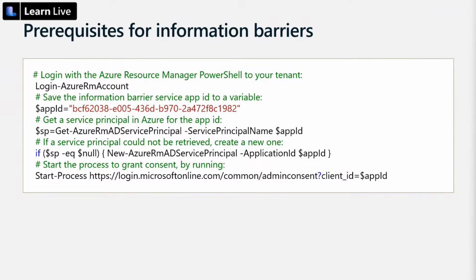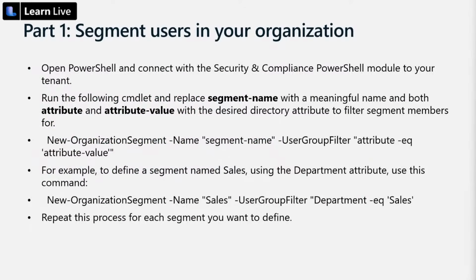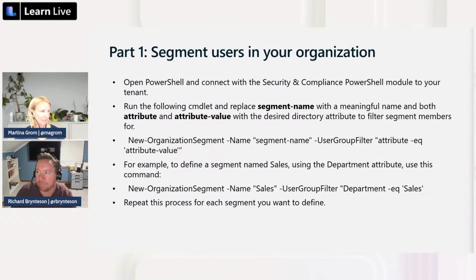And this is also one of the reasons I still like the configuration through PowerShell. The user segmentation, as you have seen here, is that the segments need to have only one information barrier. So that means Richard can't be in the marketing segment and in the sales segment.